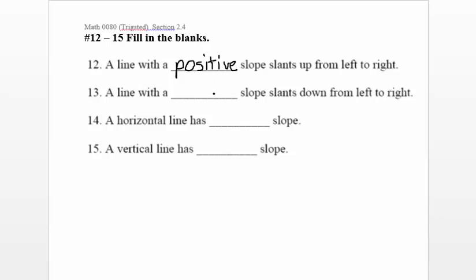When my line slants down from left to right, as you probably guessed, my slope is negative. So a line with a negative slope slants down from left to right. A horizontal line has 0 slope. A vertical line has what we call undefined slope.